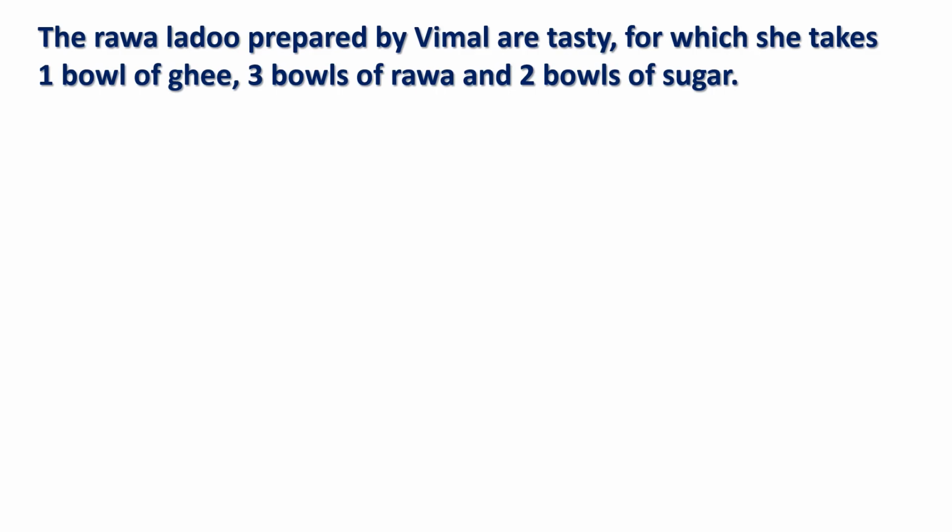If you think about applying our known concept of ratio here, if you take any two of these, for example, the ratio of ghee and rava in her preparation, we will write it as 1:3. That means 1 bowl of ghee and 3 bowls of rava.